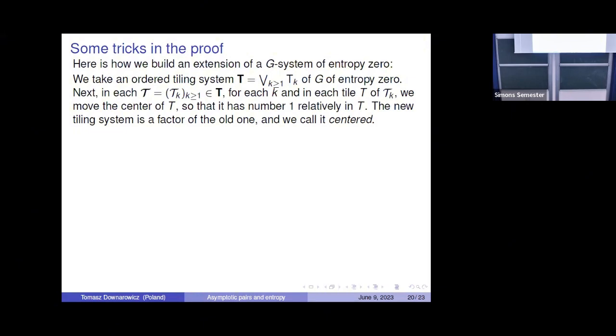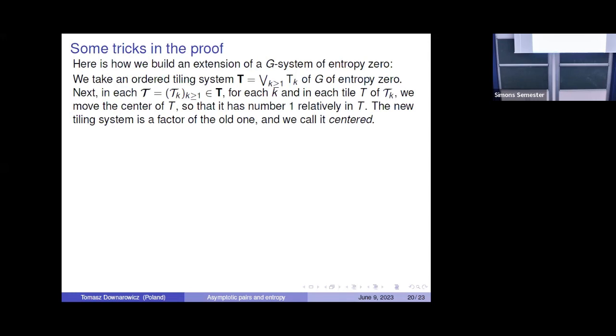So we have an ordered tiling system. So we know that each tile has an order and all this story. And we take such a thing of entropy 0. We know that it exists by some theorems on tilings that we proved earlier.